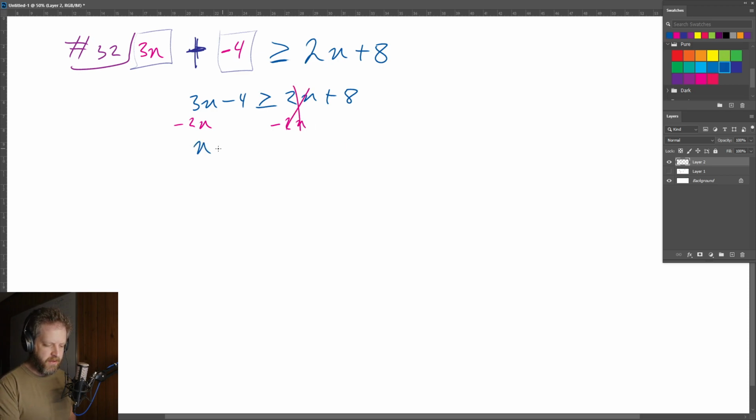So n minus 4 is greater than or equal to 8. So now what? So n is greater than or equal to 12.